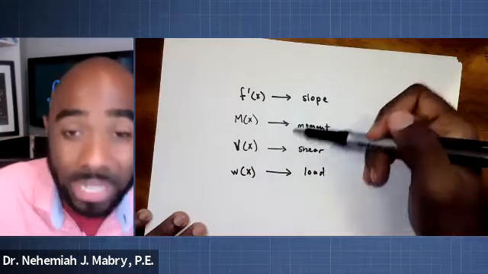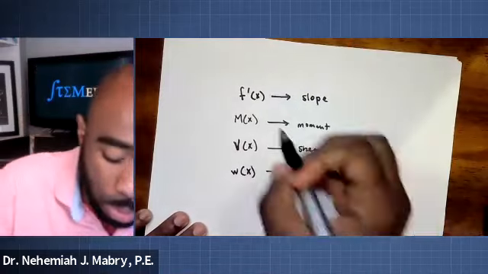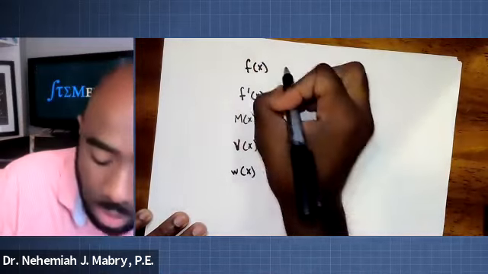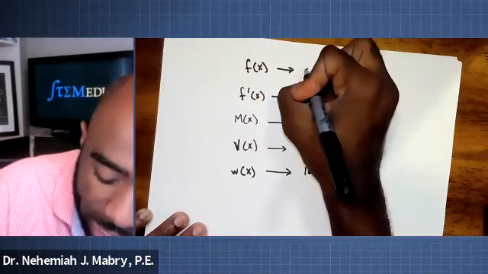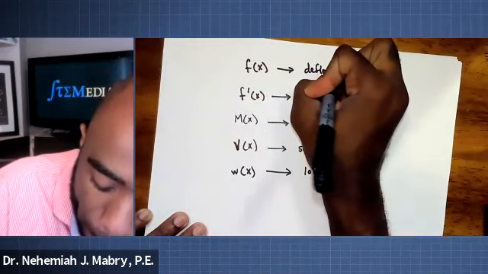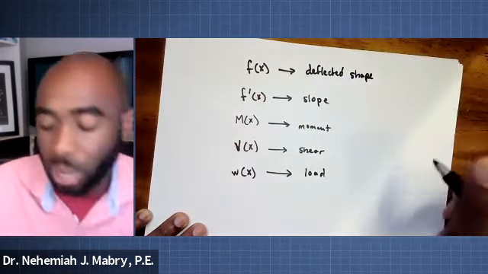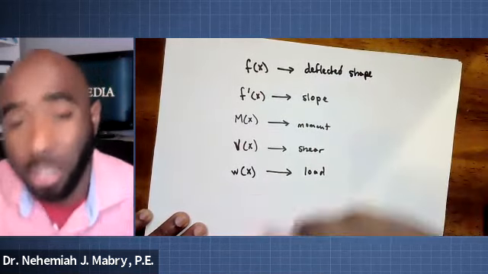And if we take the integral of the slope, what we then have is where we first started: the deflected shape of the beam.